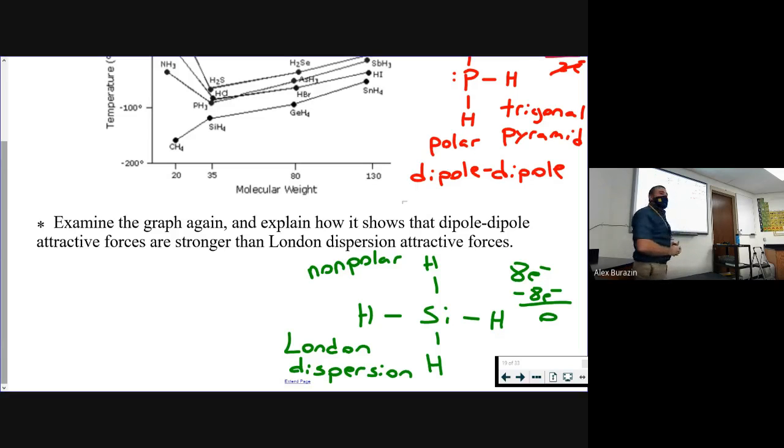Does the top molecule, the PH3, have London dispersion forces? It does. Everything does, right? But it also has dipole-dipole attractive forces, and all those different types result in different strengths.